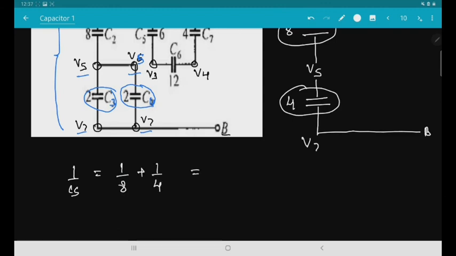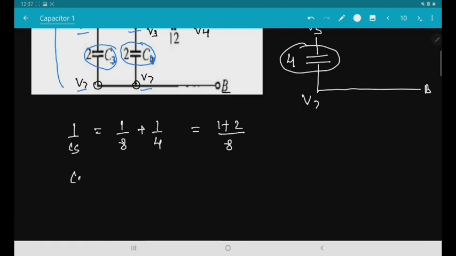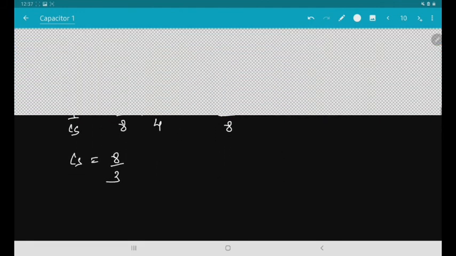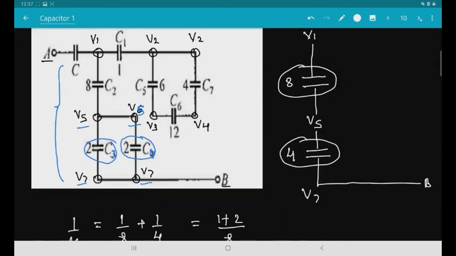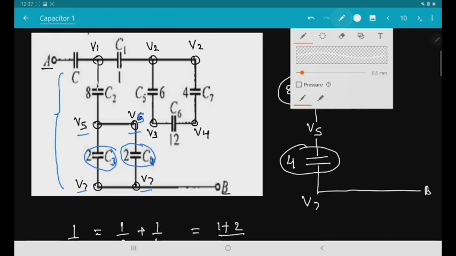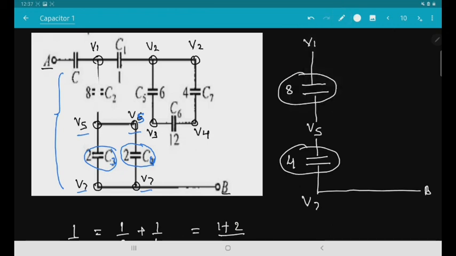That means we get 1 plus 2 divided by 8, so this CS will be 8 divided by 3, or 8/3.